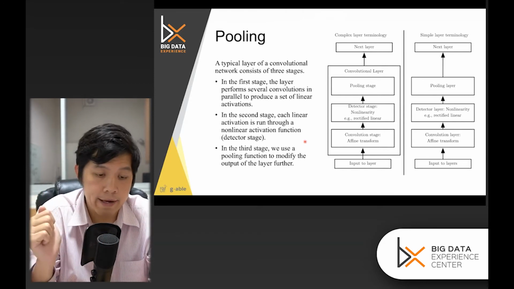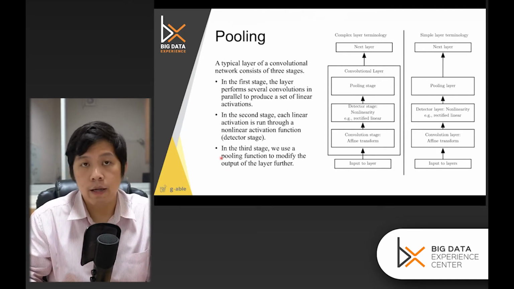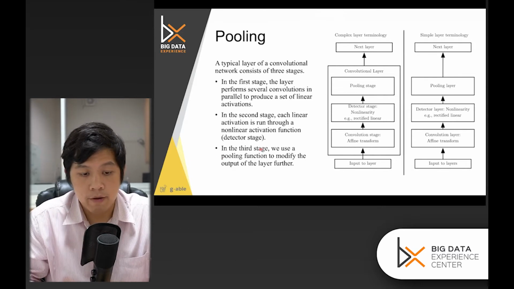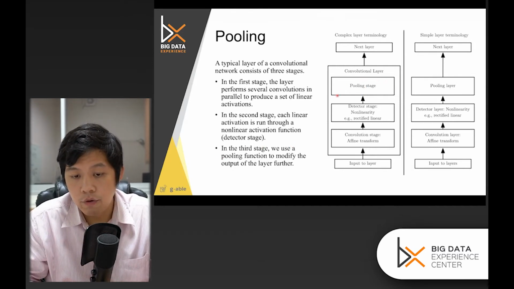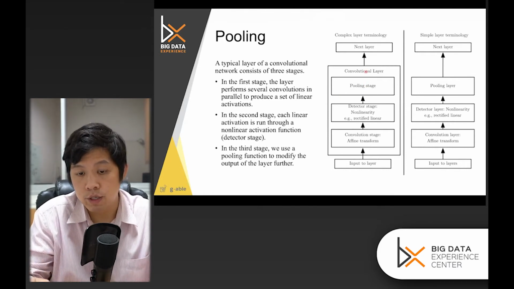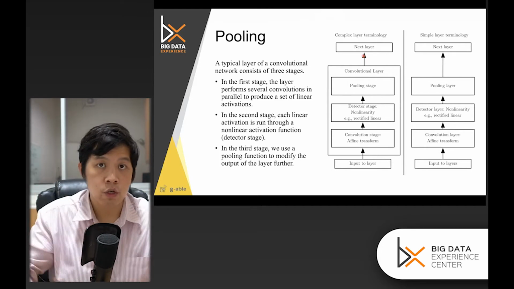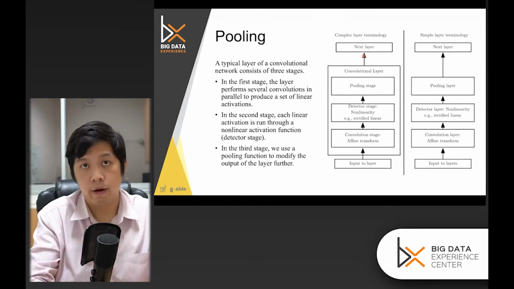The third step accomplishes that by using a pooling function. The pooling stage pools the results together and summarizes them to a lower resolution, so that you have the results for the next stage. This is one convolutional unit implemented in Keras and other software.